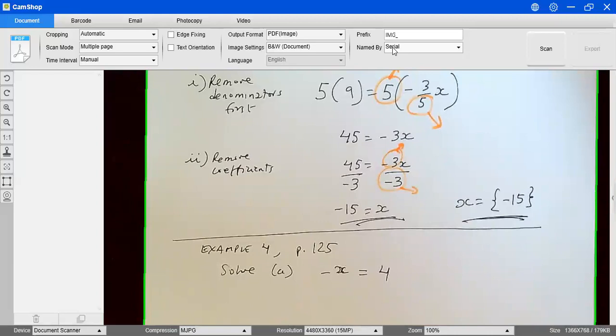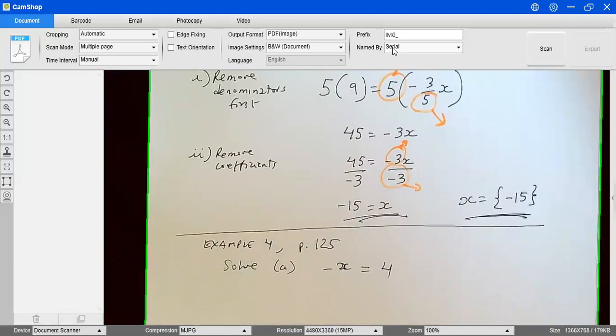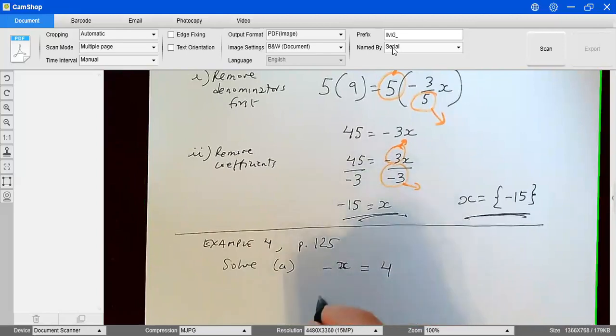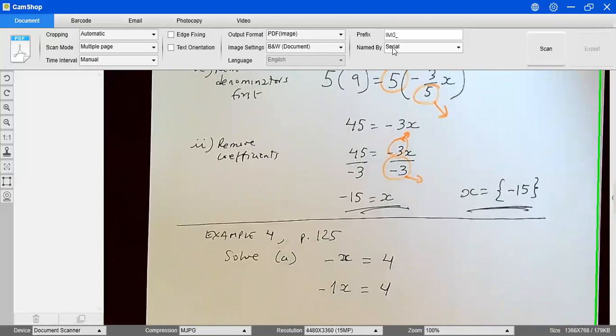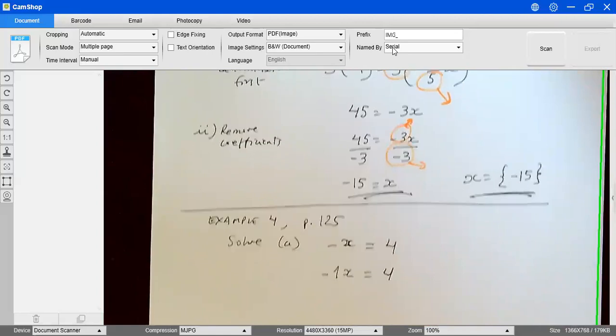So here we have a negative sign. How are we going to remove the negative sign? You can write this as negative 1x equals 4. Remember, the coefficient when you don't see a number is just 1. Exponents, the same thing, you have a 1 here.